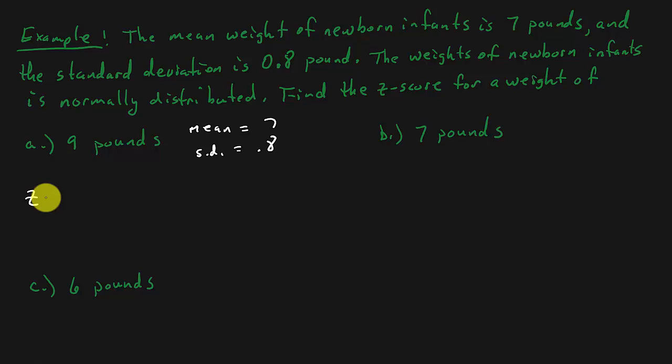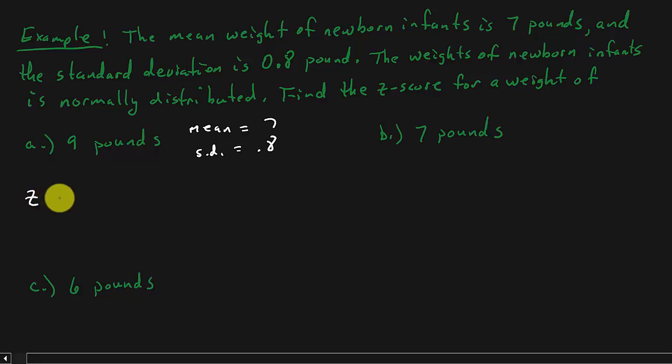As far as the notation of how these books do this, some books will probably just put z equals, and then we've got the data item, which in this case is 9, minus the mean, which is 7, over the standard deviation, which is 0.8. And then that's going to be 2 over 0.8, which is 2.5. And that is your z-score.